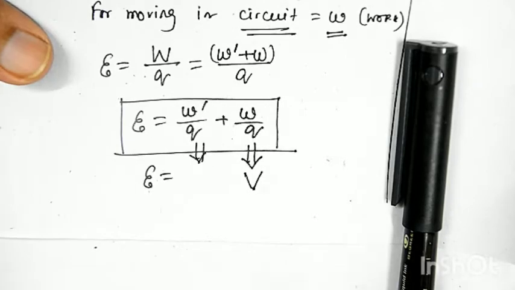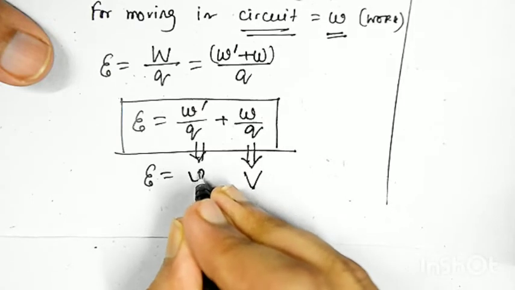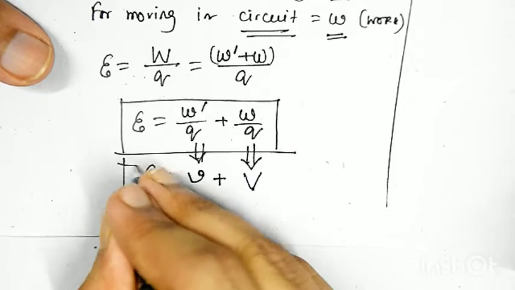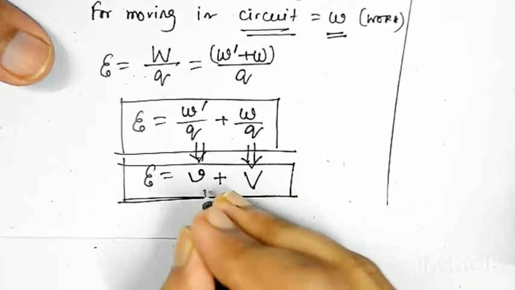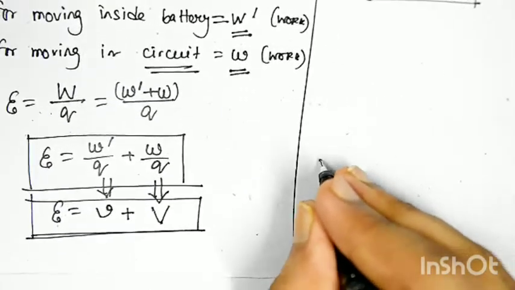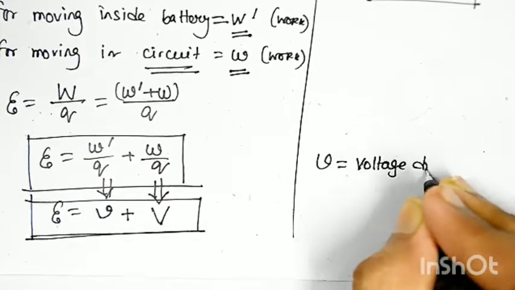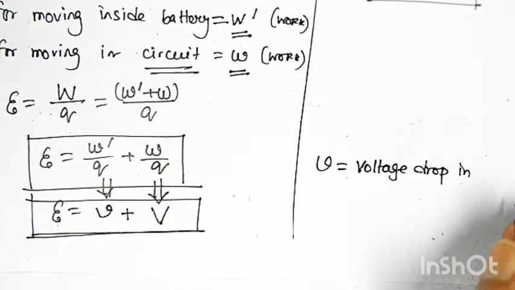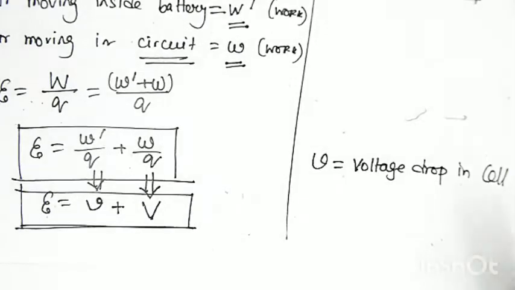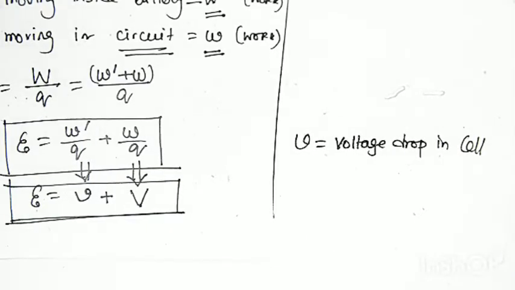This one is one more quantity. It is represented by small v. This small v quantity is called voltage drop in a cell. Clear? This small v is called voltage drop in a cell.